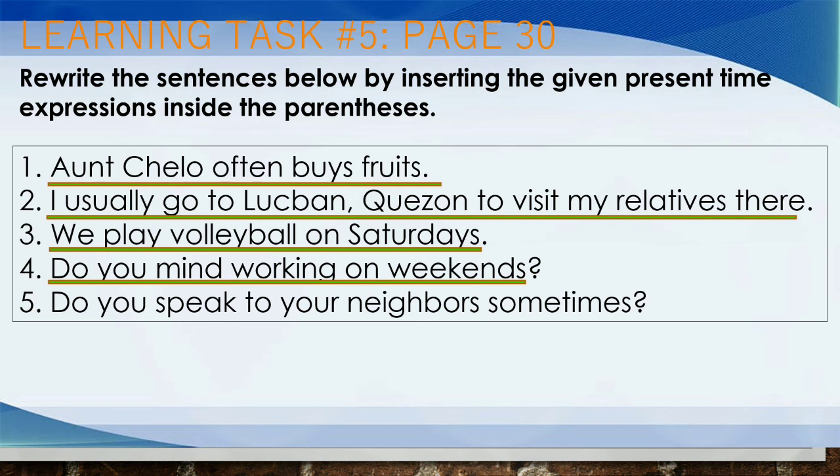Okay, so this is a question sentence. So, we place the time expression at the end of the sentence. The same as sentence number 5. Question sentence, we place the given present time expression at the end of the sentence.